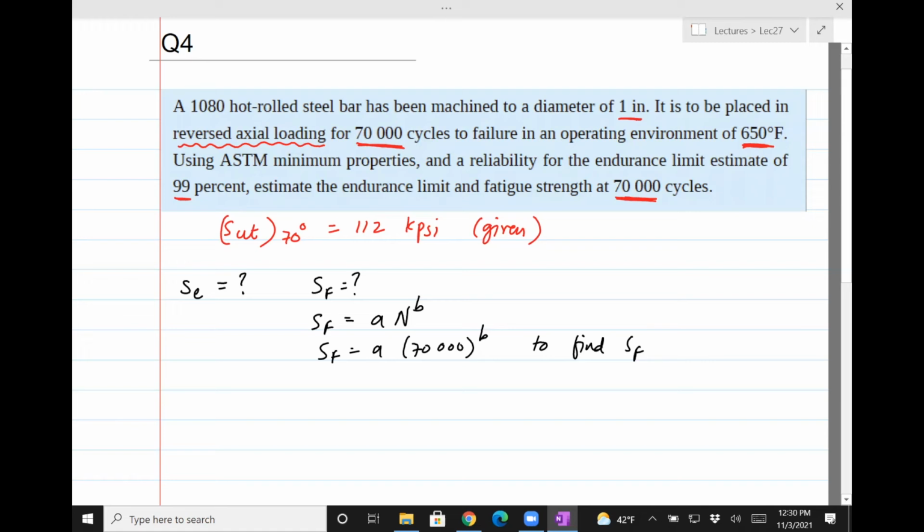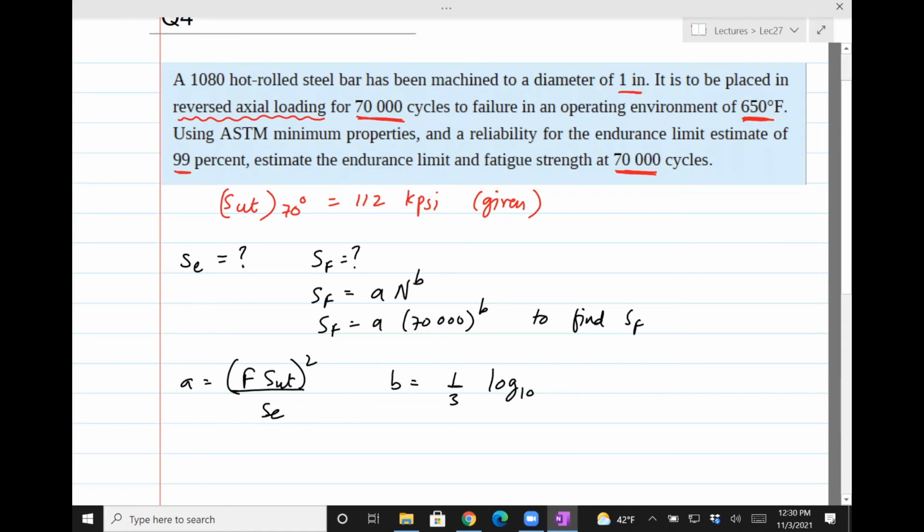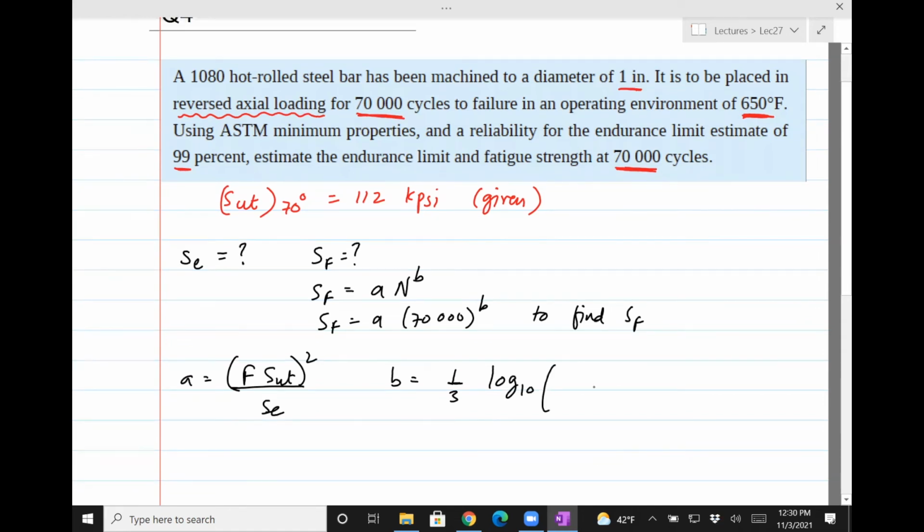It turns out that A is dependent on this factor F, SUT square divided by SE, and B is 1/3 log to the base 10 of SE divided by F SUT.